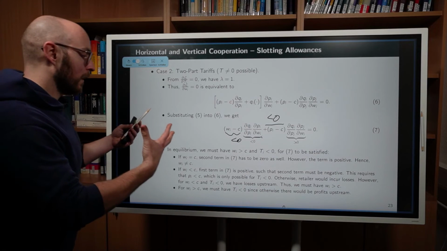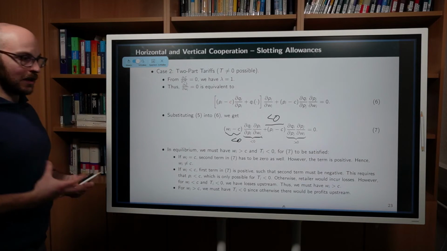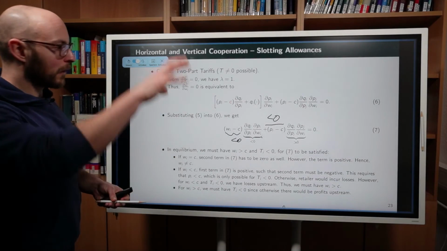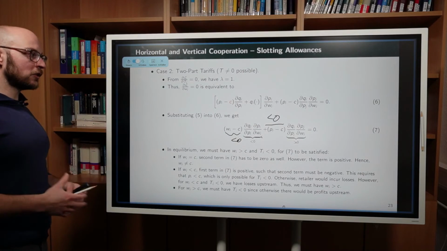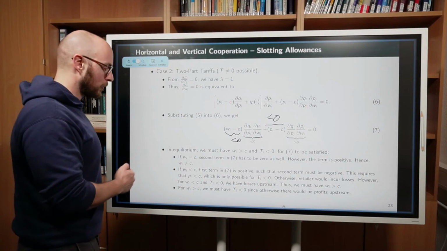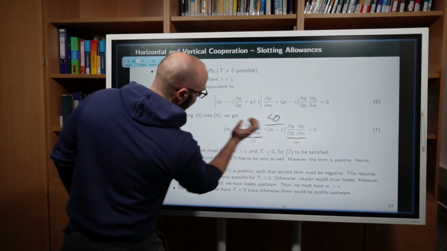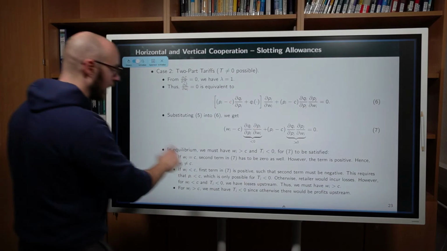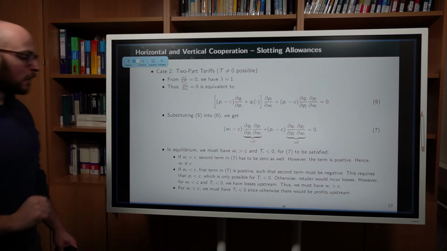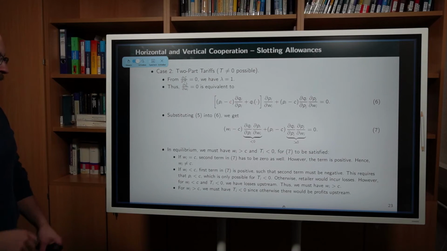So it is impossible to compensate for these losses along the value chain, as we basically sell the product from the viewpoint of our upstream-downstream combination below marginal cost. So there will be no positive profits. So that cannot be the equilibrium as well, right? So if we know that Wi cannot be equal to C, and Wi cannot be smaller than C, then we know that Wi must exceed C, right?